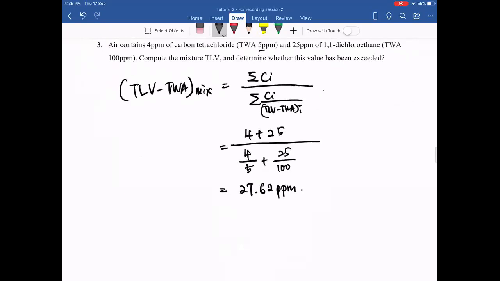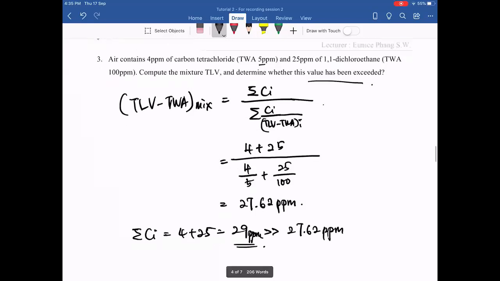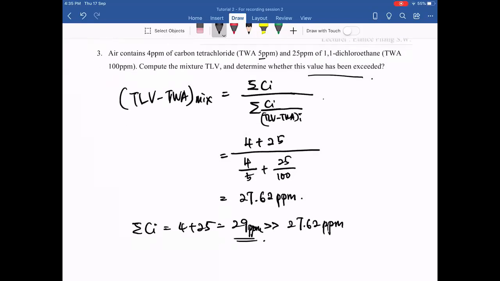So has the value exceeded? Your total concentration here is 4 plus 25, which gives you 29, which is larger than 27.62. So the answer is yes. Your operators have been overexposed to this chemical.